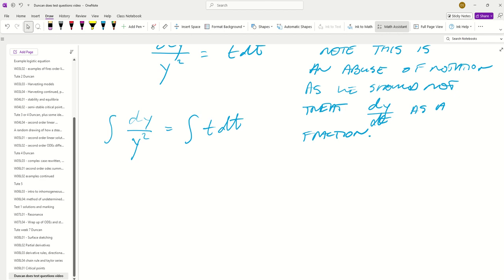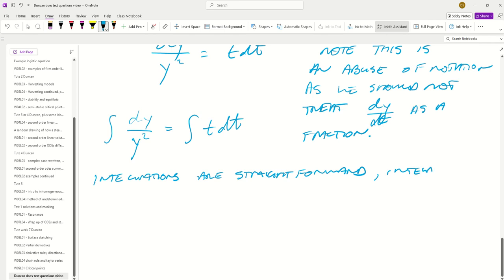Both of these integrals are very straightforward. We don't have to do anything. This is add 1 to the power, divide by the new power stuff. The only time that this one's a problem is when it becomes a logarithm, at 1 on y, but it's obviously not in this case.